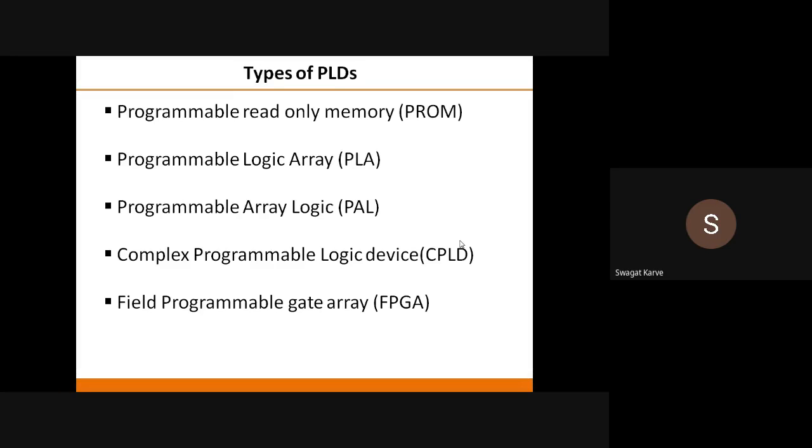Based on that, we have categorized PLDs into PROM, that is programmable read-only memory, then programmable logic array, PLA, programmable array logic, PAL, then complex programmable logic devices, CPLD, and the field programmable gate array, FPGA. These are the 5 main types of PLDs.